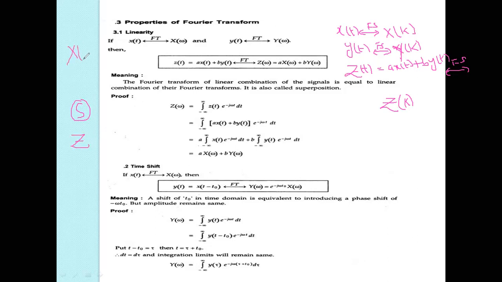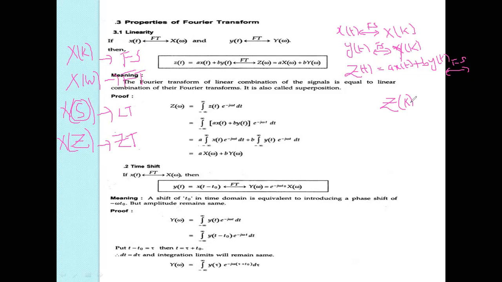X of k is for the Fourier series, X of omega is the Fourier transform, X of s is the Laplace transform, X of z is the Z transformation.